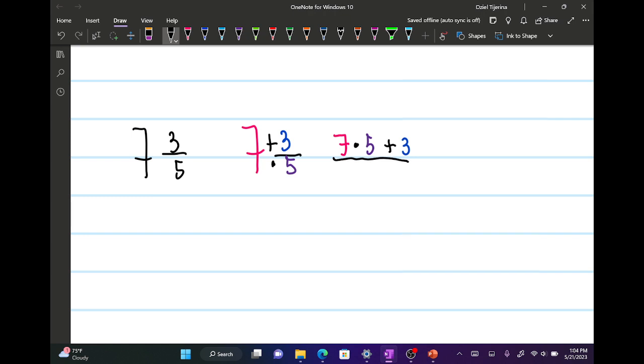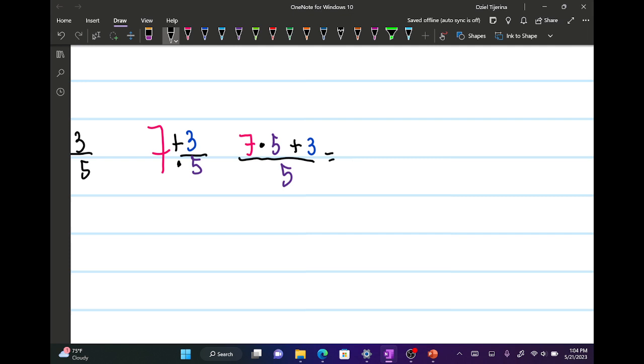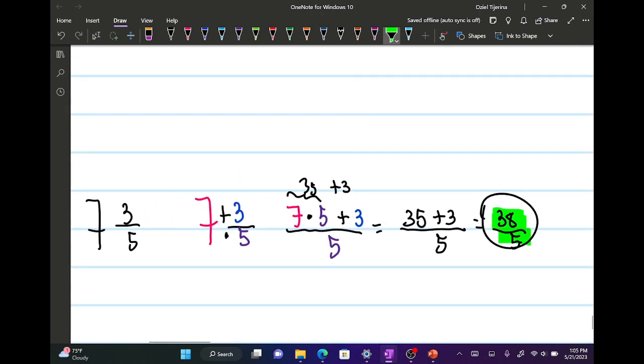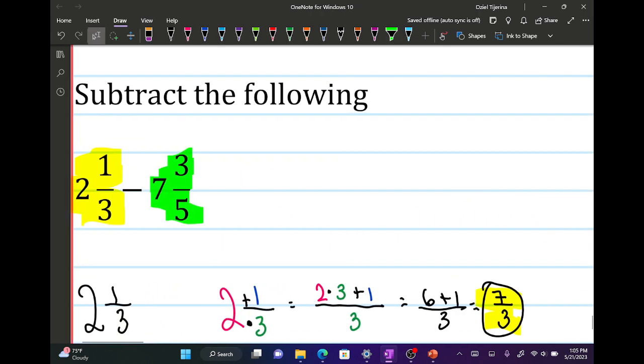It's the same process as adding when turning into an improper fraction. So 35 plus 3 on top, and 5 on the bottom. That gives us 38 over 5 for the 7 and 3/5 part.